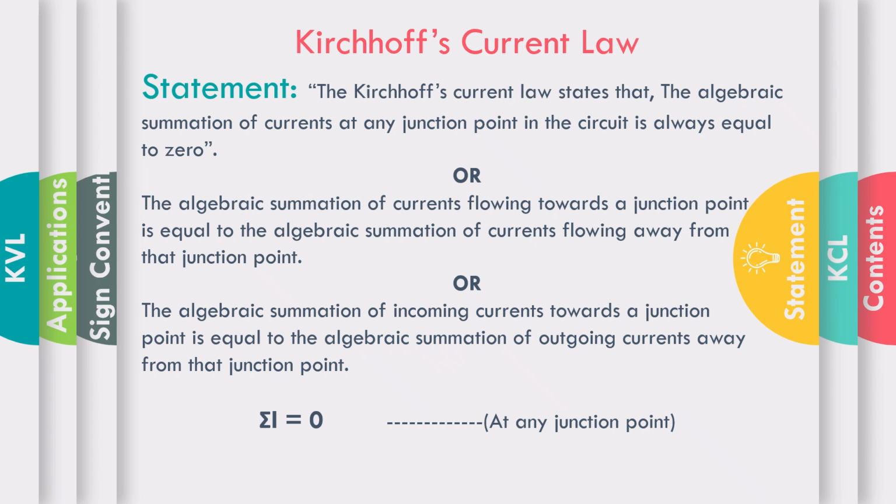And the last way: the algebraic summation of incoming currents towards a junction point is equal to the algebraic summation of outgoing currents away from the junction point. That means at a junction point there are 4 or 5 currents, incoming current is 3 and outgoing current is 2. So we can add the incoming currents, and that is equal to the sum of the outgoing currents, which is nothing but our Kirchhoff's current law.